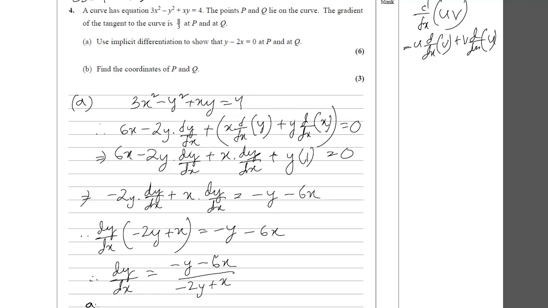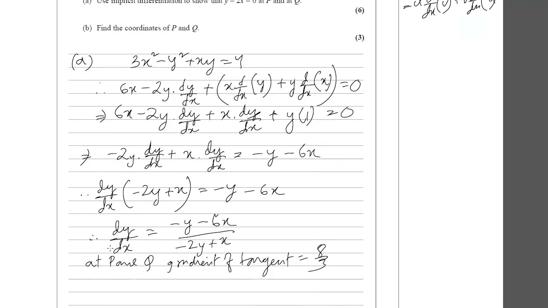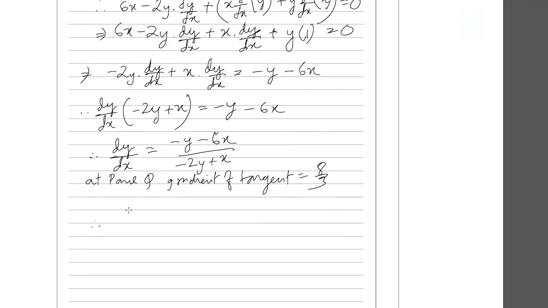So at P and Q, the gradient of tangents at both the points P and Q is equal to 8 by 3. Therefore dy by dx is equal to 8 by 3. We can use algebra now to cross multiply.